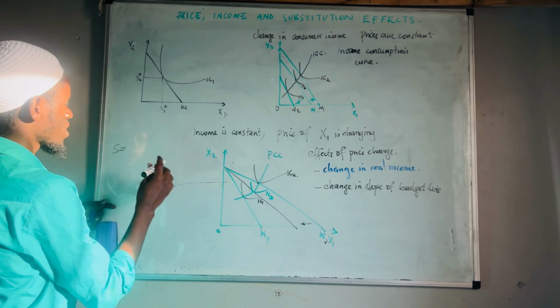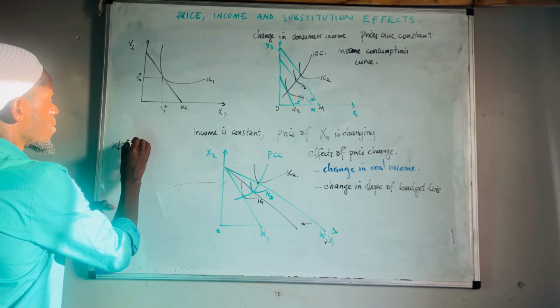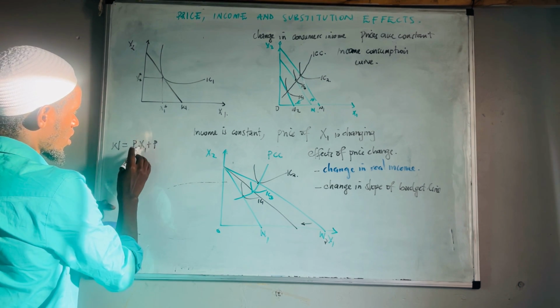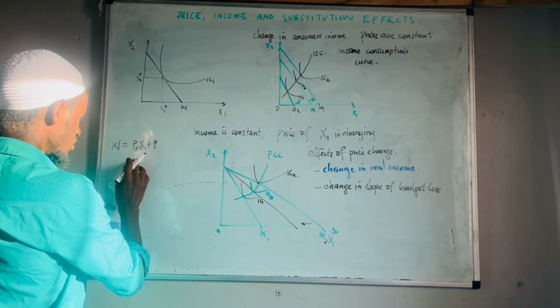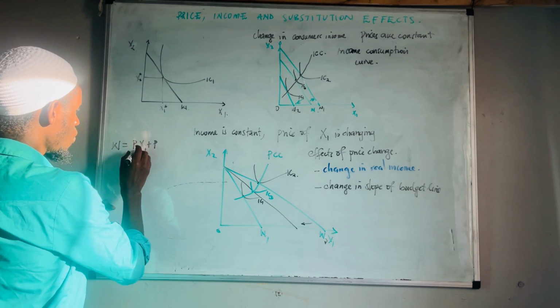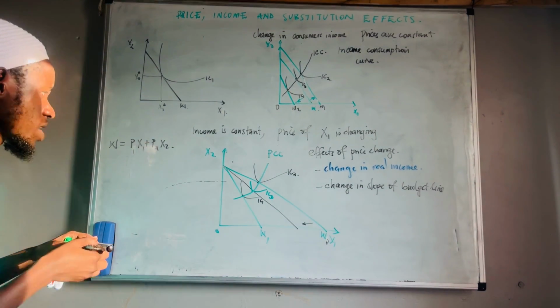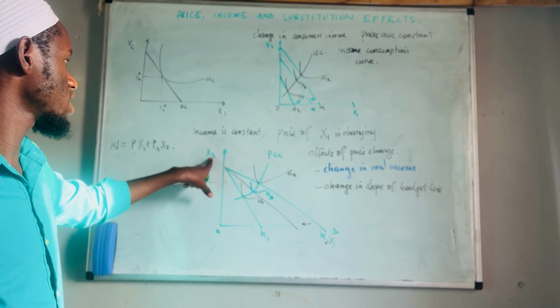Remember, if you make the budget line, W is the same as P1 X1 plus P2 X2, where X1 and X2 are the two commodities. But X2 is the one on my y-axis, therefore I have to make X2 the subject.